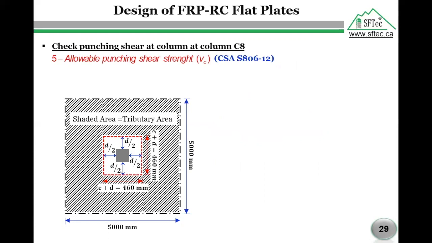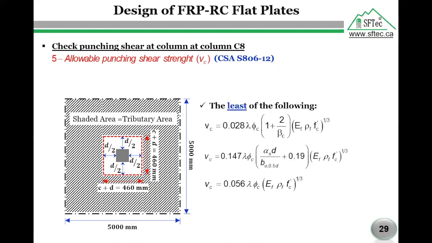The next step is to compare it with the allowable punching shear strength to check if it is safe or not. The punching shear strength is the least value from these three equations. We have three equations according to the Canadian standard S806.